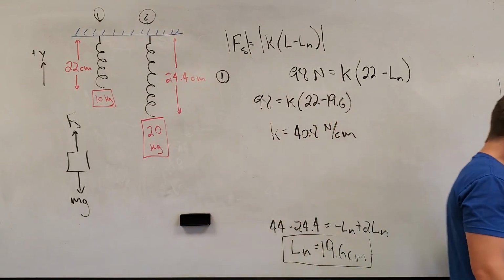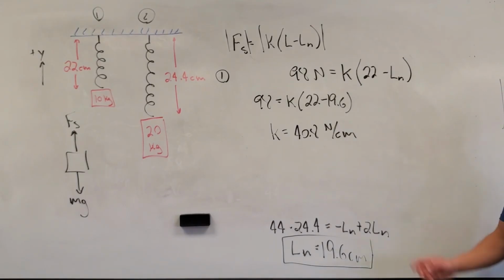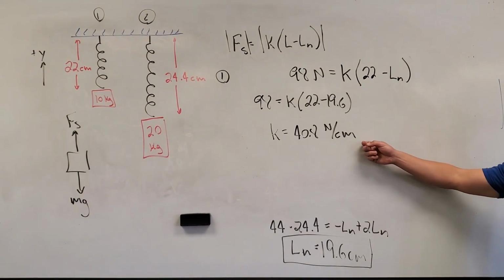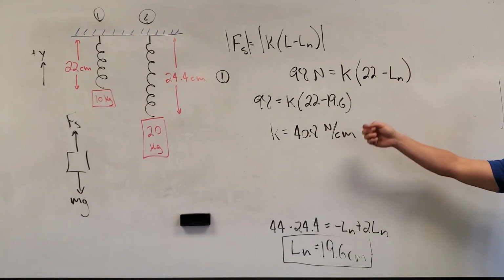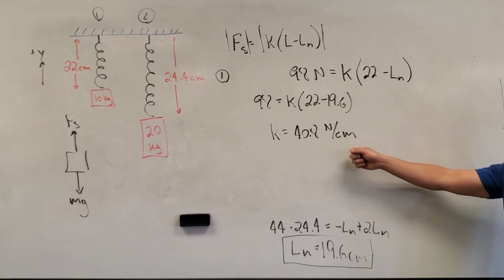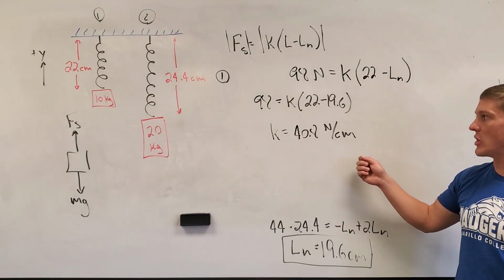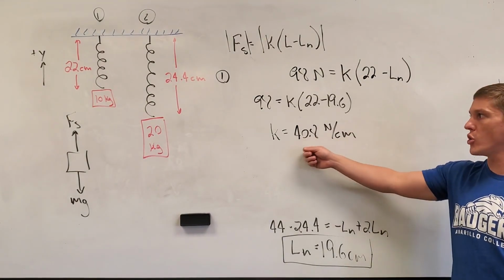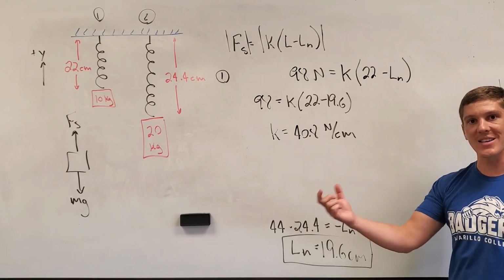I went ahead and kept all my lengths in centimeters. It's very common when you buy springs from spring manufacturers that this is a standard unit. You see a lot of units where it's newtons per centimeter or newtons per millimeter, depending on what the actual displacement of the spring is designed to be.